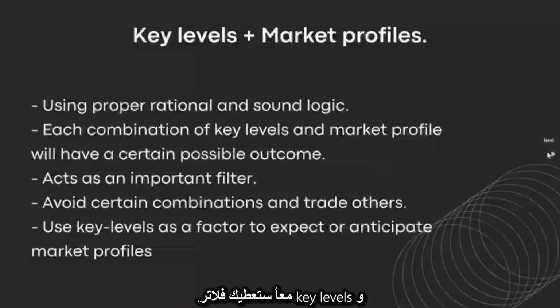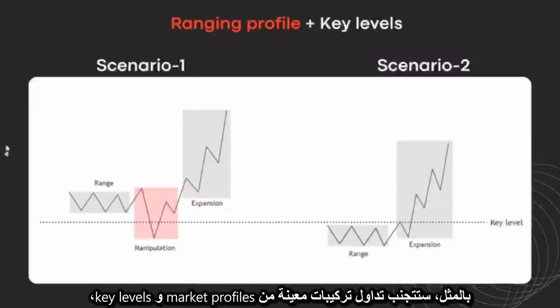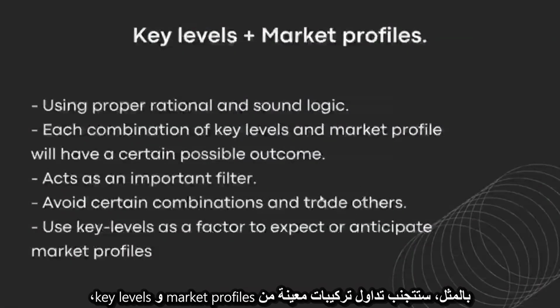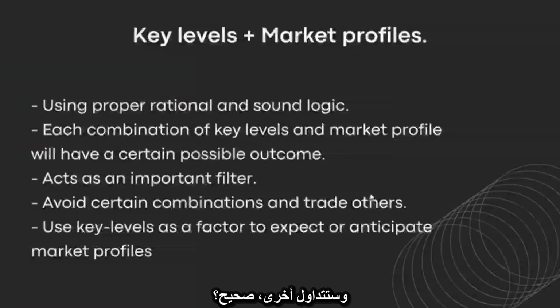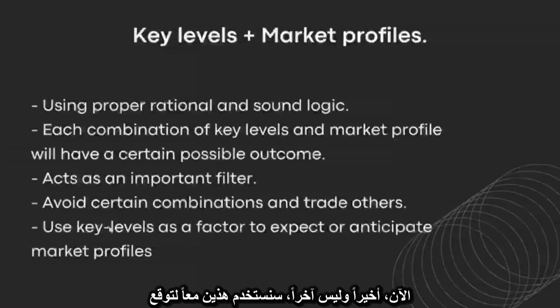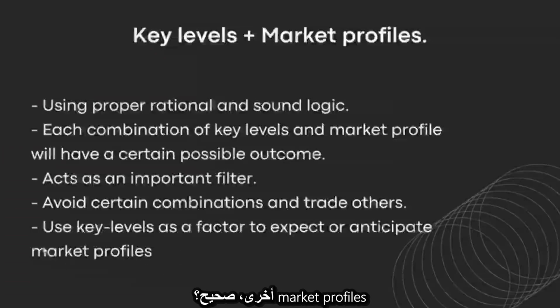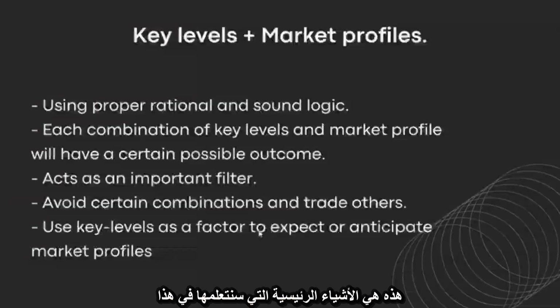Market profiles and key levels together will give you filters. Similarly, you're going to avoid trading certain combinations of market profiles and key levels and trade others, right? Last but not least, we're going to use these two together to expect or anticipate other market profiles. These are the main things that we're going to be learning in this chapter.